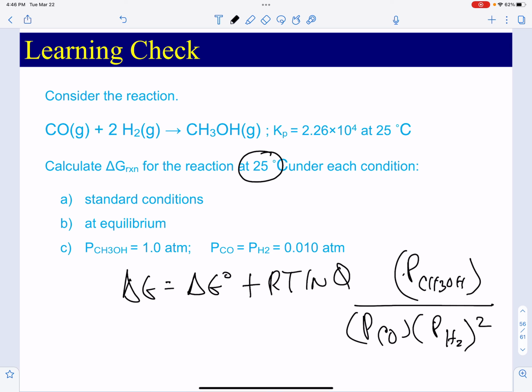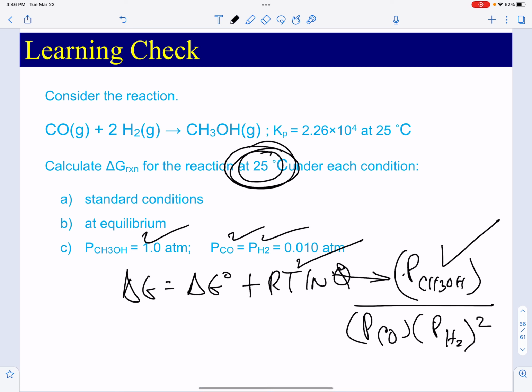We have all these pressures in there, so you can plug that in there. That's going to be our Q. T is 298, right? 25 degrees Celsius. R is 8.31. And you already found delta G on the first part. So you can use that and you get your delta G.